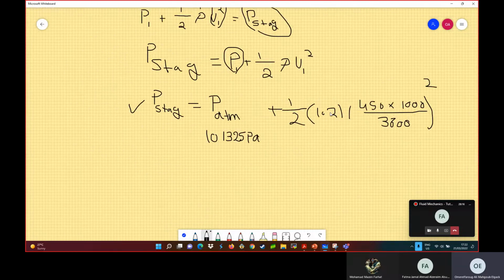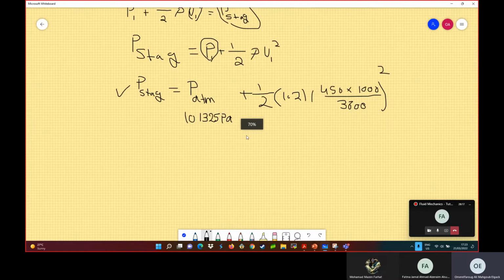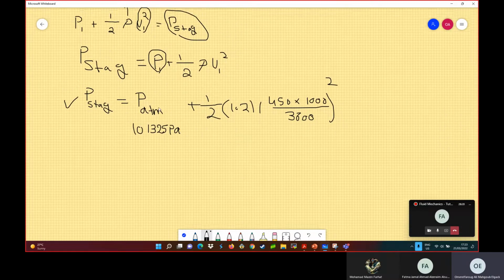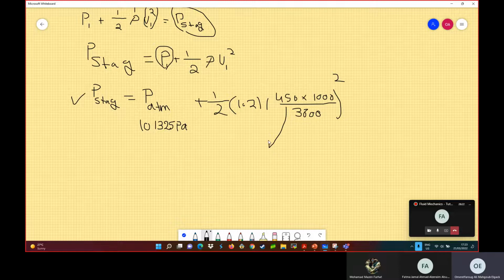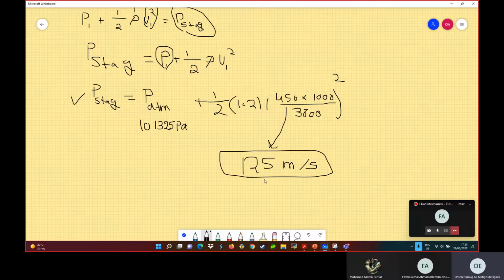But here there is one problem. Let's calculate the velocity when we convert it from kilometer per hour to meter per second. It's 125 meters per second. This will cause a problem. What's the problem?